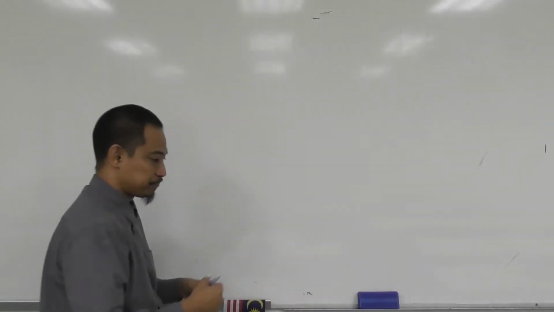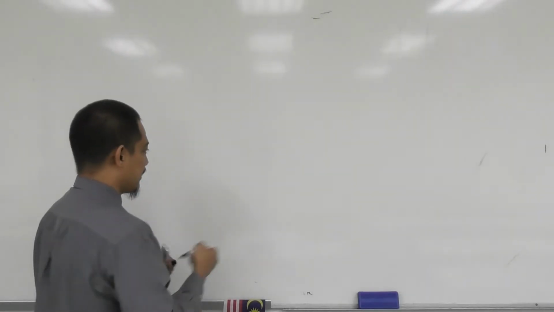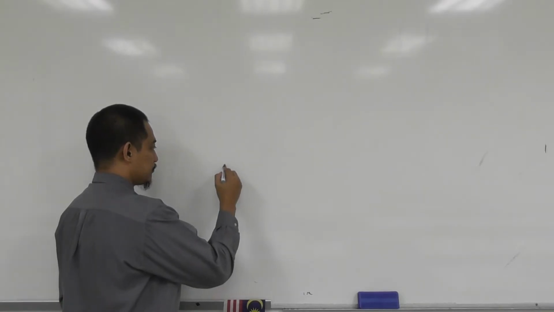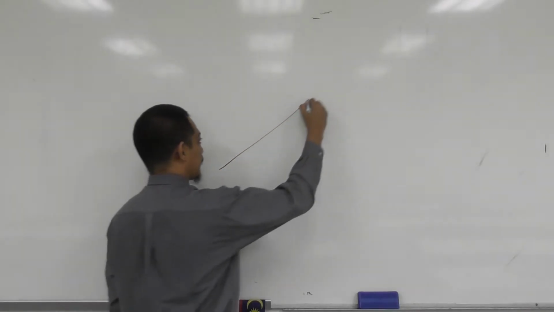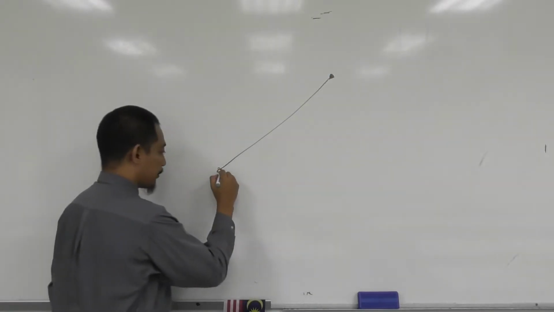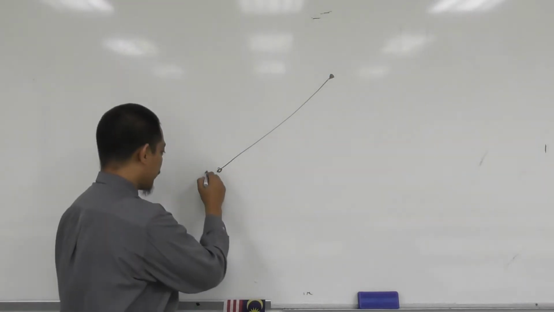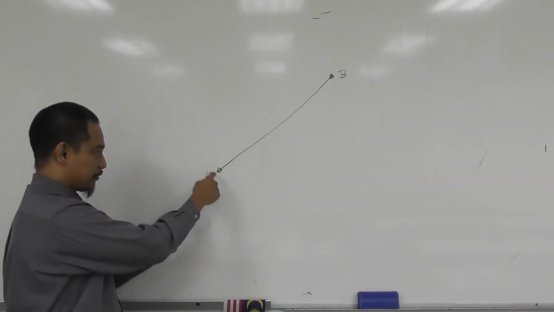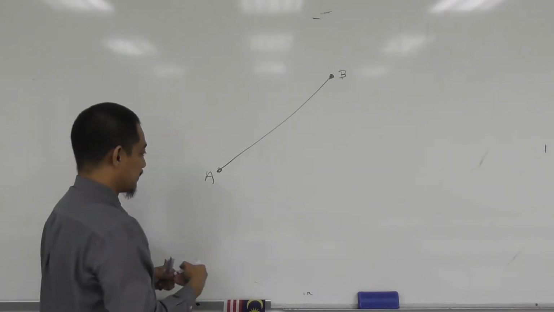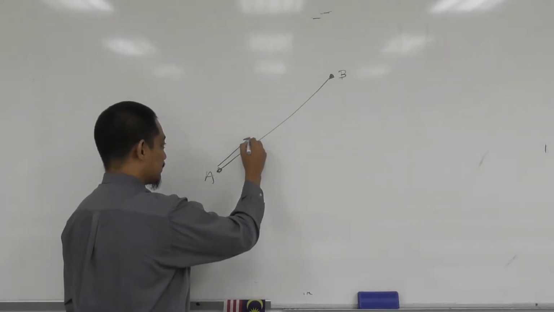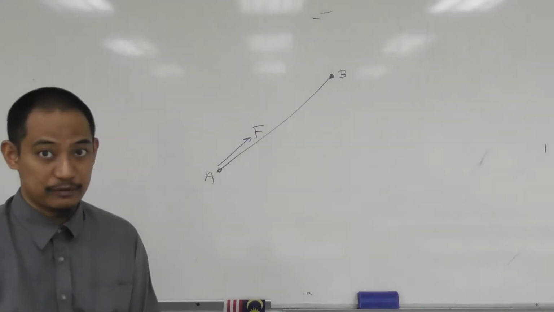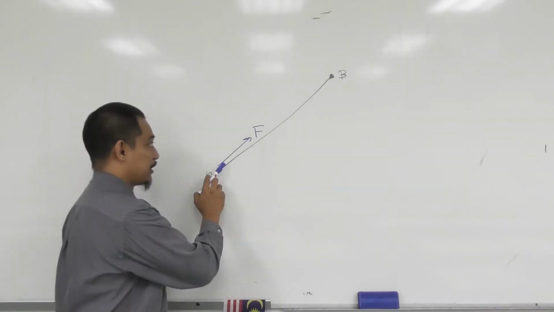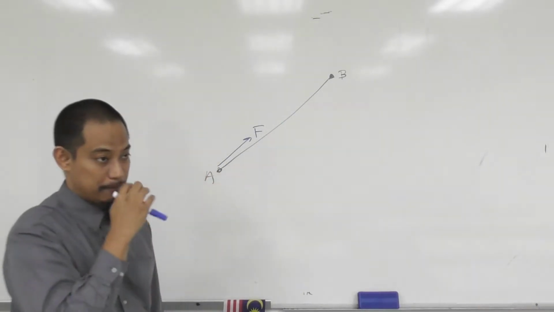Let's say there's a cable connecting point A to point B. If we consider this as a body, we'll have a force in this direction, and we want to know what this force is. What we know for sure is this force will be along this line.